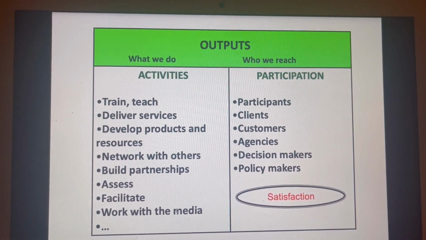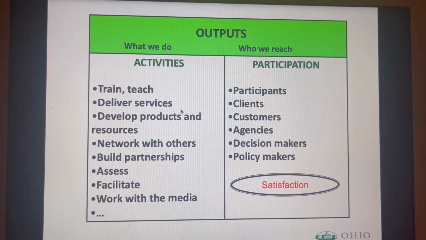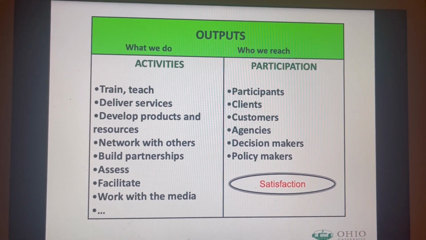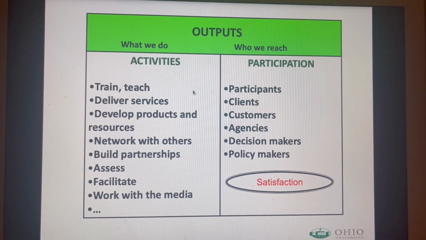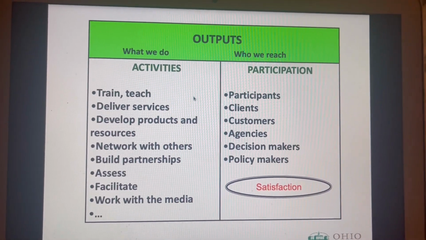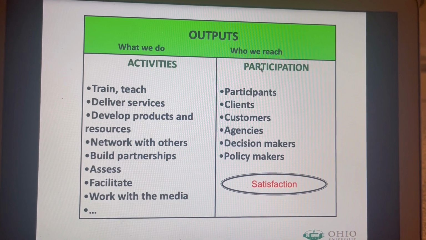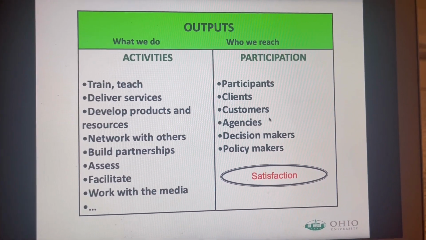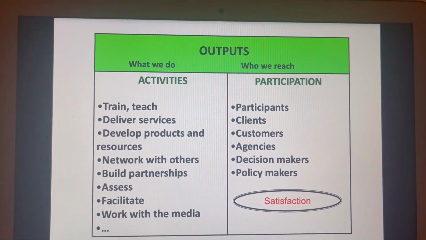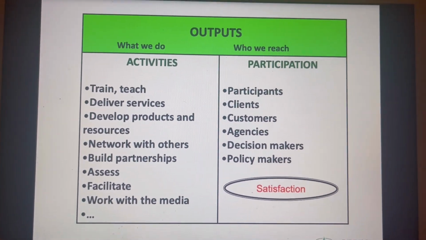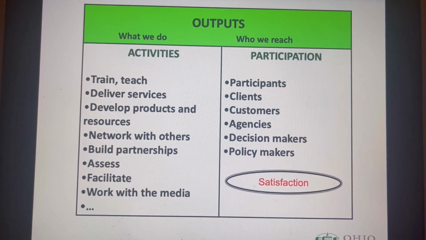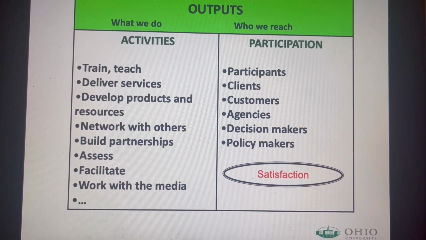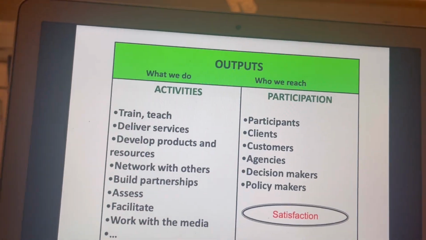This basically deals with the activities you will be carrying out during the project in order to accomplish your program goals and objectives. Then for the participation column, like I said, this deals with who we reach, which is your participants, your clients, your customers, agencies, decision makers, and policy makers.